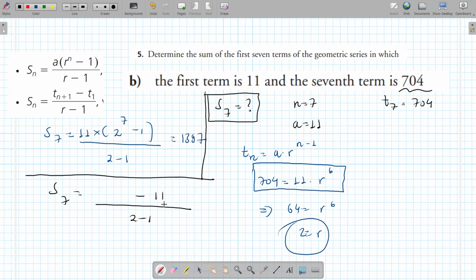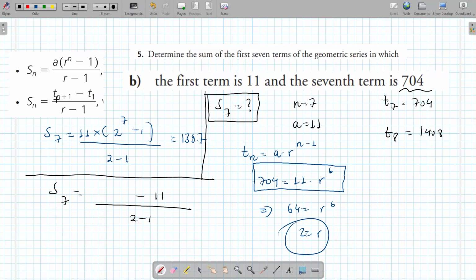We're given T7. We know what our R value is. What would be T8? You multiply by 2. It'll be 1408. You just multiply 704 by 2 to get 1408.